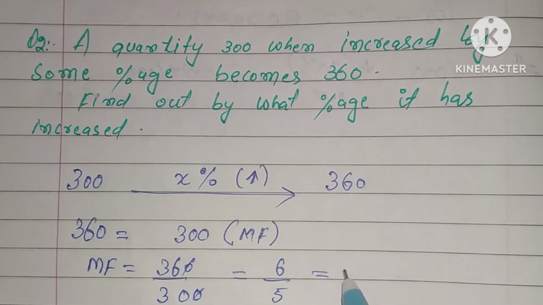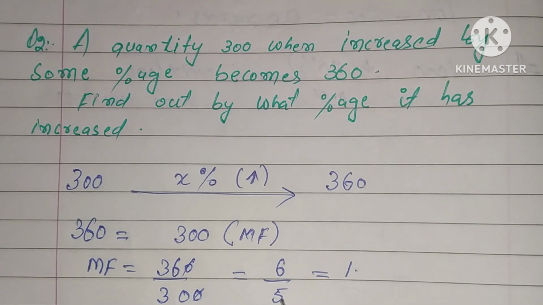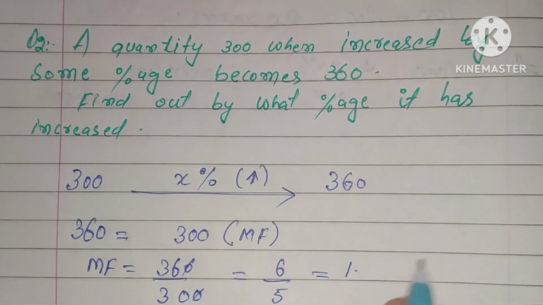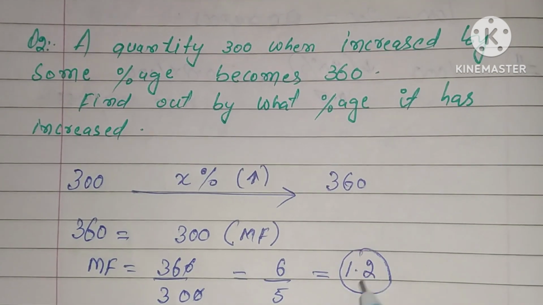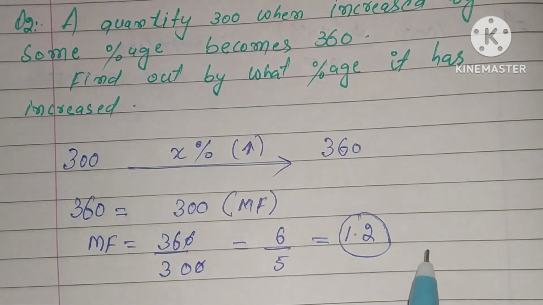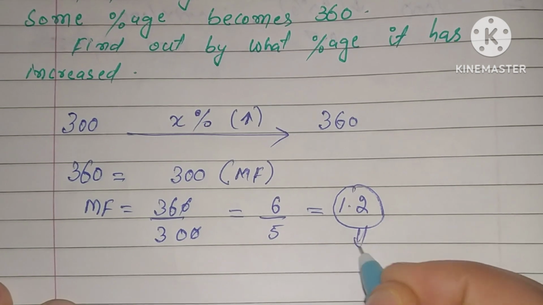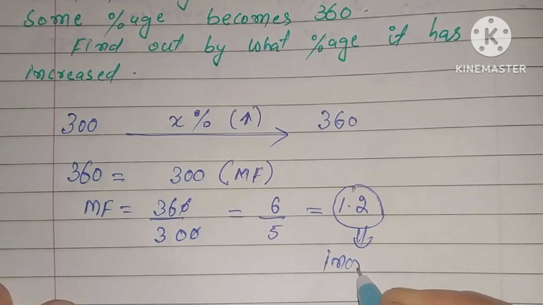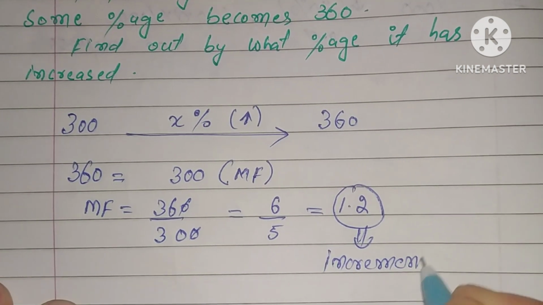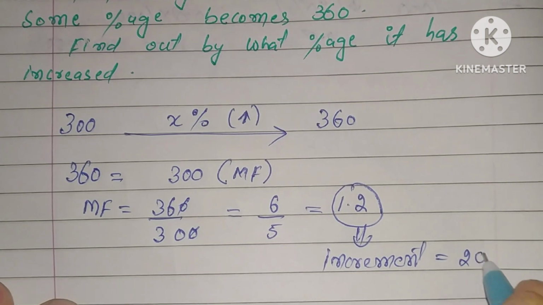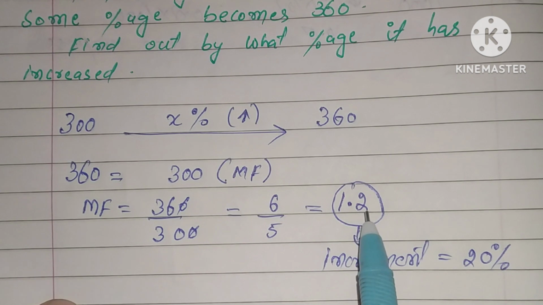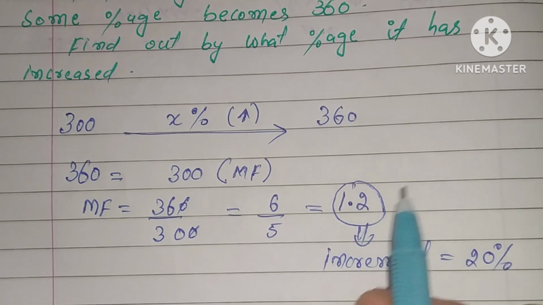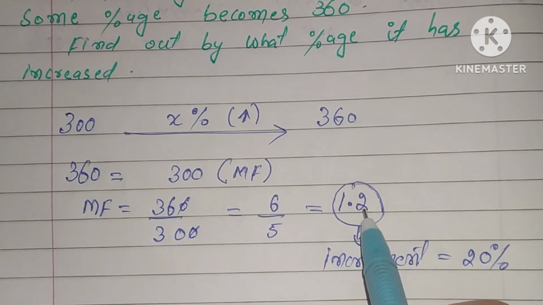It will be 1.2. So the multiplication factor will be 1.2. When the multiplication factor is 1.2, it means the increment will be 20%, because I have told you that a 20% increment means a 1.2 multiplication factor.